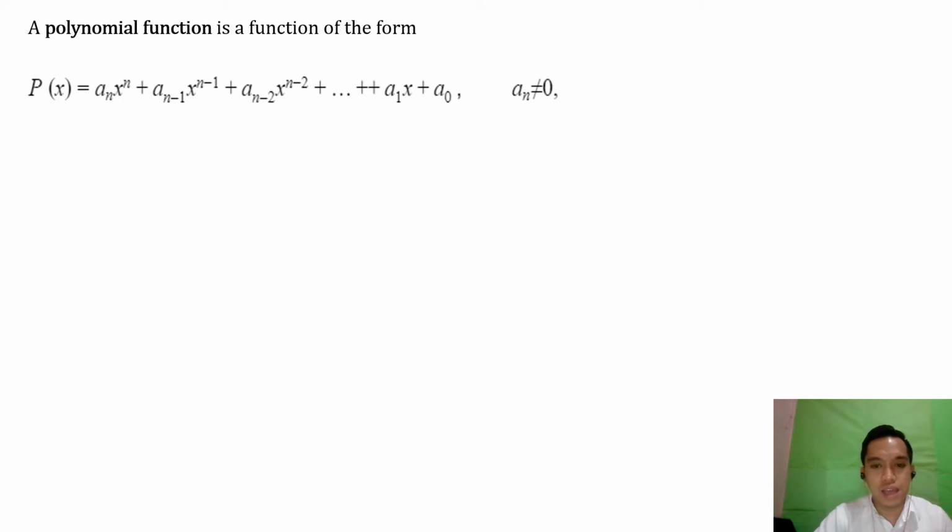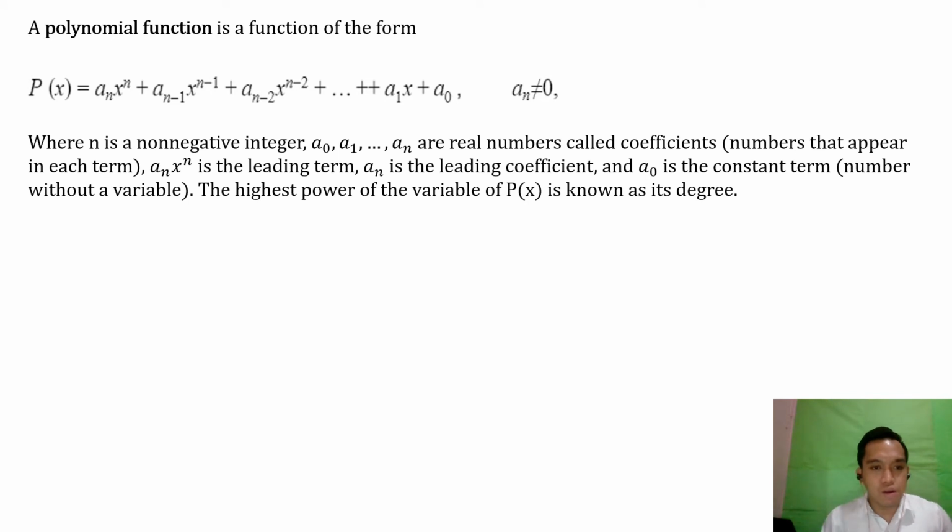Okay, so dapat yung ating a sub n ay hindi equal to 0. Where n is a non-negative integer. Okay, yung n dapat ay non-negative integer siya.